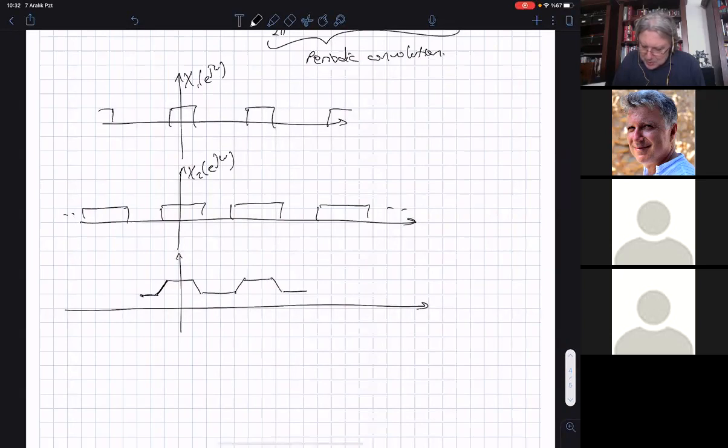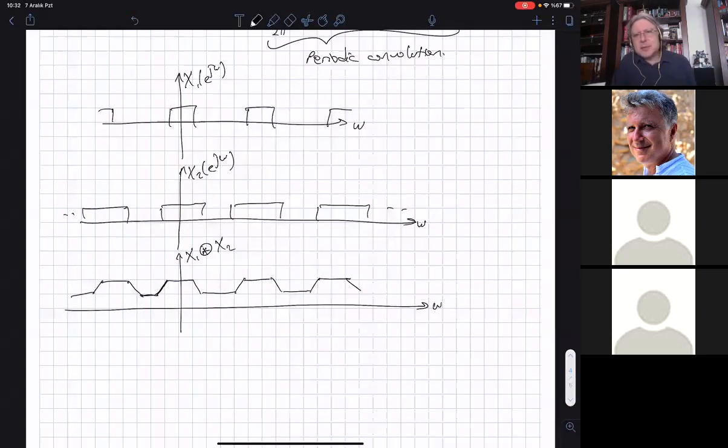So the periodic convolution of these two will probably give you some shape like this. If you don't understand why it is this way, so this is X1 periodic convolution with X2 on the frequency axis, I can intuitively see that the answer will look like this.